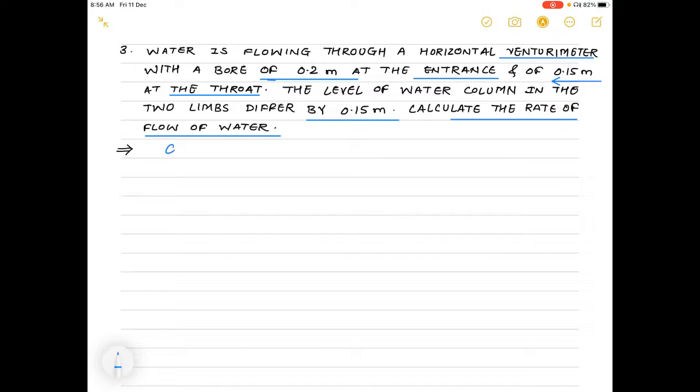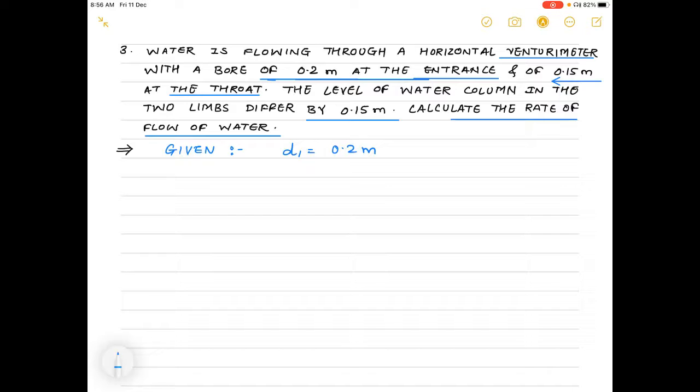Again we have to first write down the given data. Bore of 0.2 meter at the entrance, so at the entrance the diameter of the pipe is given. We write d1 is equal to 0.2 meter. From this we have to find out the area of that pipe at the entrance and at the throat.